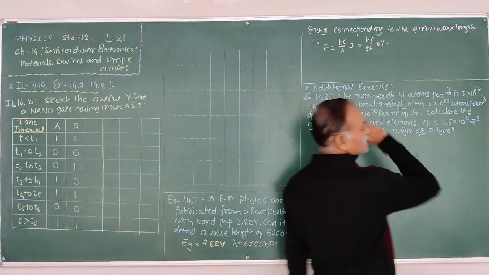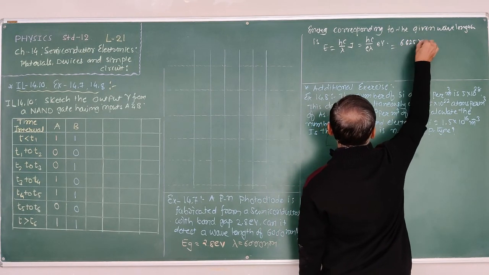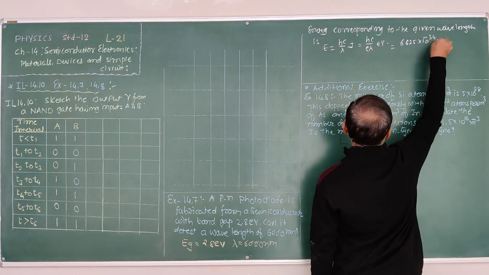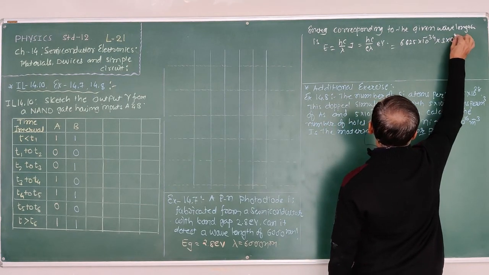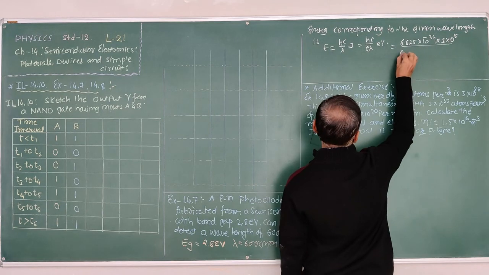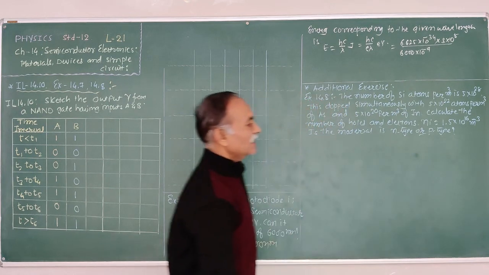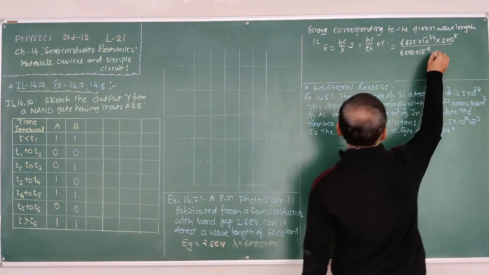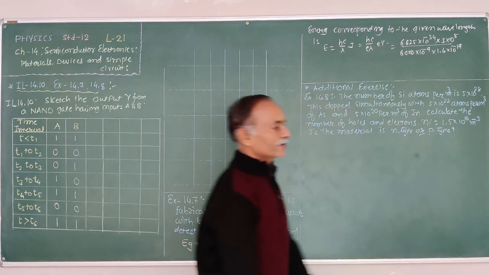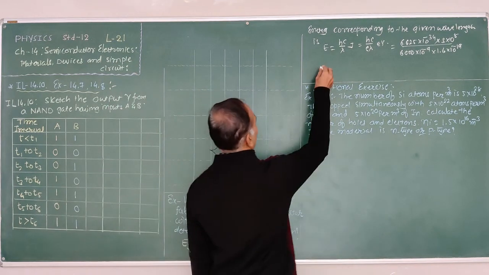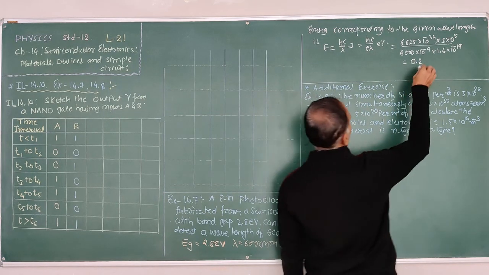We substitute the values: Planck's constant 6.625 into 10 raised to minus 34, velocity of light in vacuum 3 into 10 raised to 8, upon wavelength 6000 nanometer, therefore 6000 into 10 raised to minus 9, and e, 1.6 into 10 raised to minus 19, the charge of an electron. As we simplify it, we obtain the value of E as 0.207 electron volt.